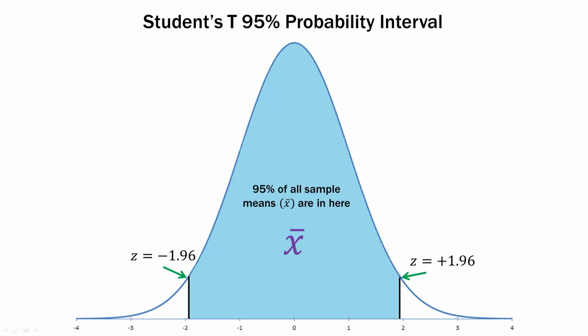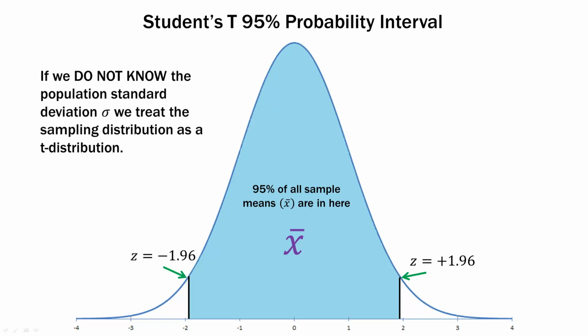And what that comes out to in the standard normal distribution is a z of negative 1.96, so 1.96 deviations below, and a z of positive 1.96, that's 1.96 deviations above. So to capture the 95% probability in the middle, that creates boundaries at negative 1.96 and 1.96.